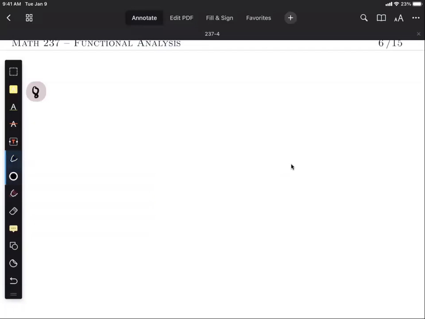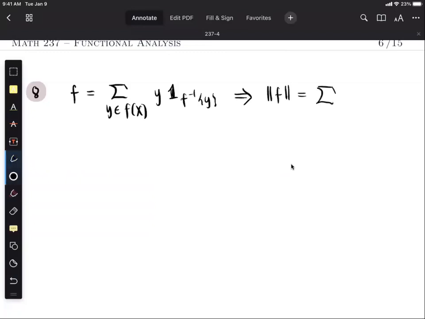So if f is written in this representation, which is sometimes called the canonical representation of f, so y times the indicator function of the inverse image of y, then since the indicator functions of the singletons are pairwise disjoint, one could show that the norm of f can also be represented in this way.